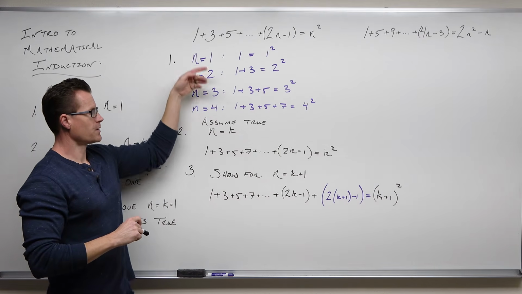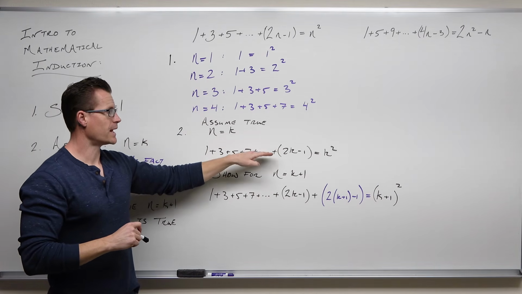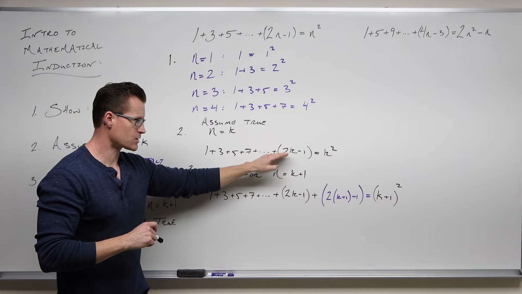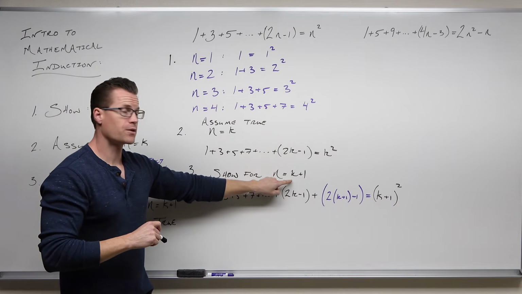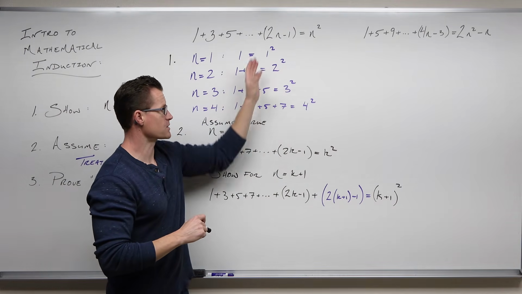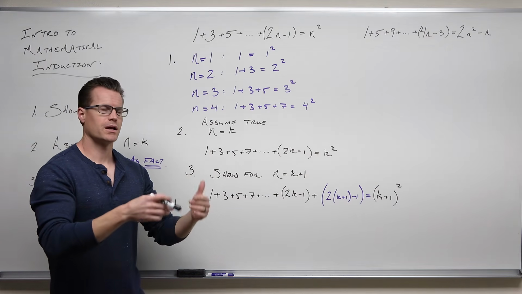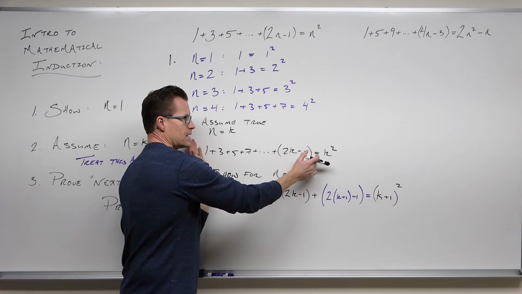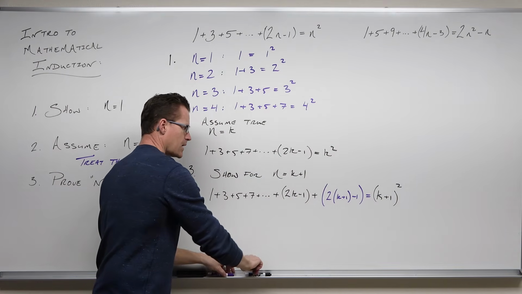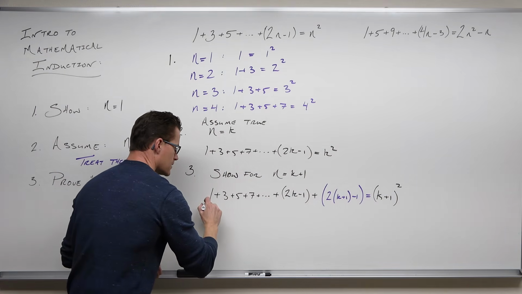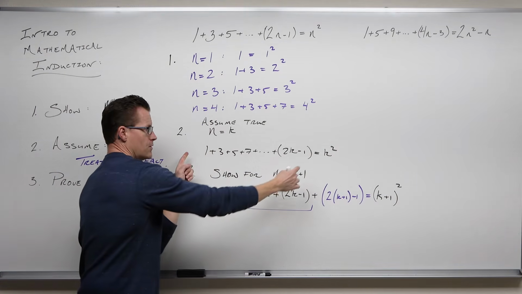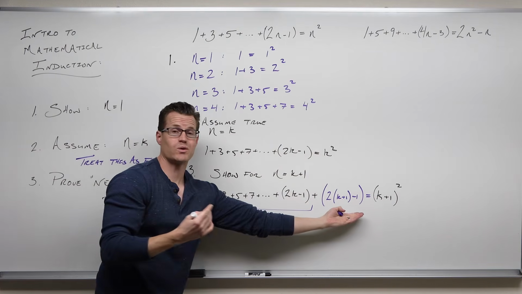Showed it for the first one, assumed it's true for some other one, and now based on this being true, show it for the next one. So plug in this, assuming this is true. Here's the whole idea. If you can assume that this is always equal to k squared, then wherever you see it, this part is this part. We just want one more term.